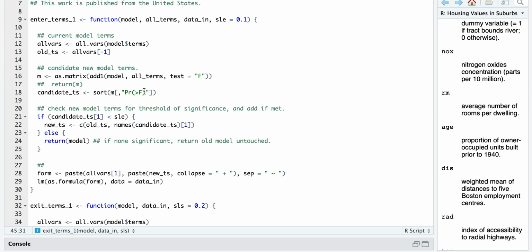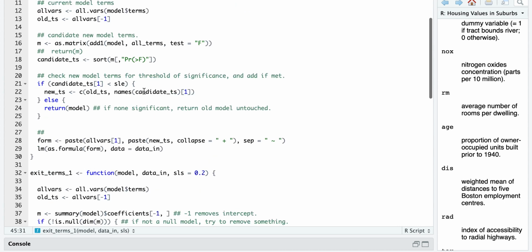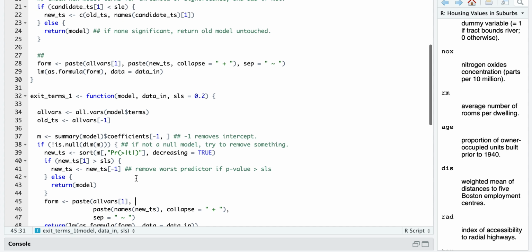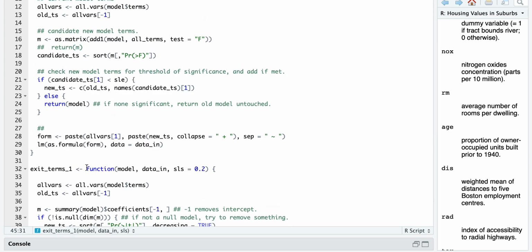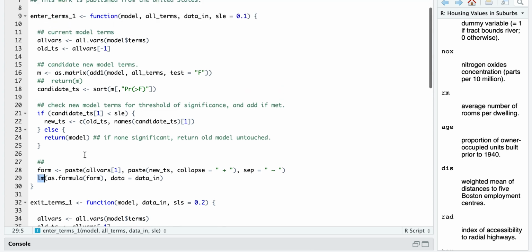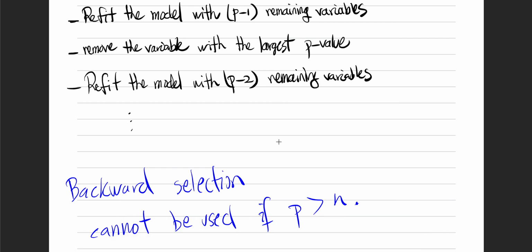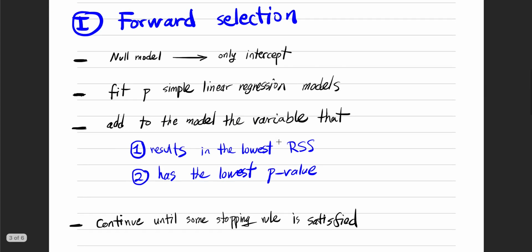What is useful to note here is that this format can be extended to different models. So lm here can be replaced with logistic regression or any other regression type that you're looking at. So backward and forward additions, this procedure can be implemented not just in linear regression, but in any other type of regression.